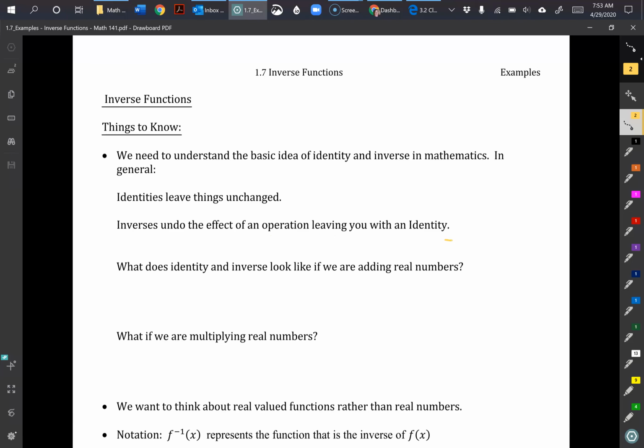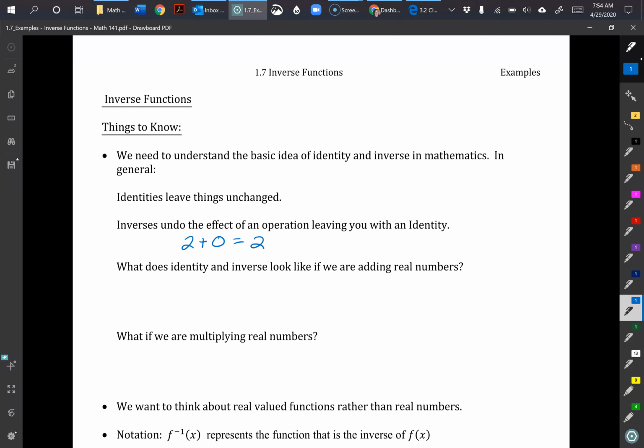So, for example, what an identity and inverse look like if we're adding real numbers. That's something you're pretty familiar with, right? So if I have 2 plus 0, I get 2 back. So I'm just left with 2. So this 0 is the identity, okay?